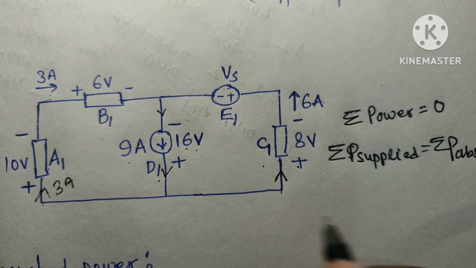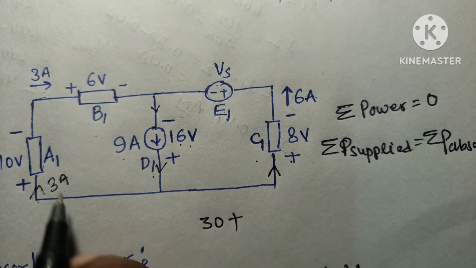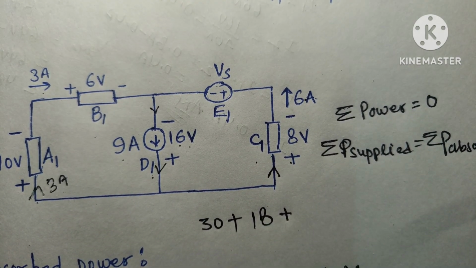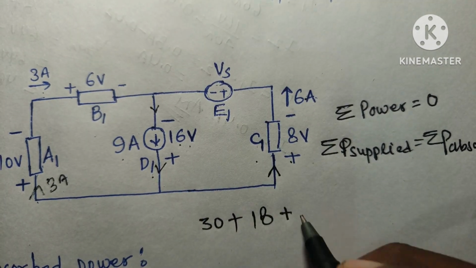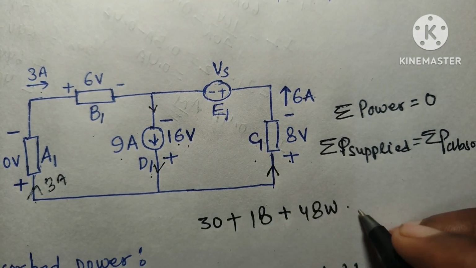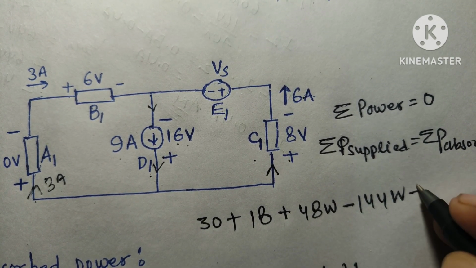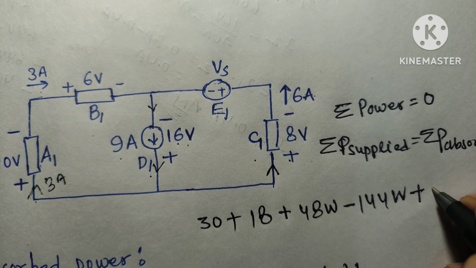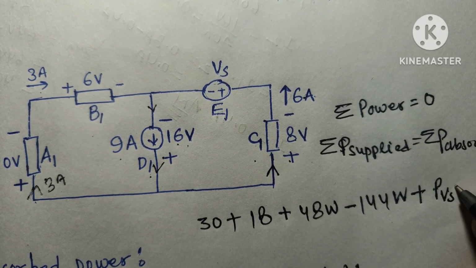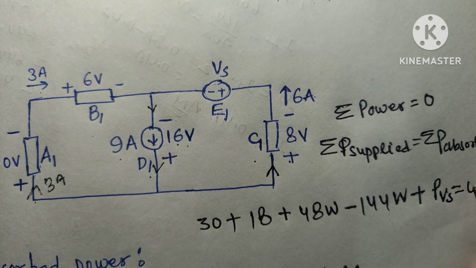So we can write power by A1 equal to 30 watt, plus power by B1 equal to 18 watt, plus power by C1 equal to 48 watt, and power of D1 equal to minus 144 watt, plus power of E1, that is the power absorbed by the Vs source, will be equal to 0.